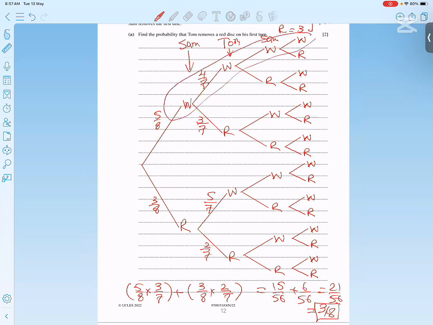There's no 2 red here. So when we talk about Tom, first red is here, and Tom's second red is here. So this branch is my concern. Repeat my words, check it. Sam got a white, he cannot win. Sam got a white and Sam got a red, so he will not win. So look, red and red. This is Tom and this Tom. So we got Tom twice. I think you got the idea.